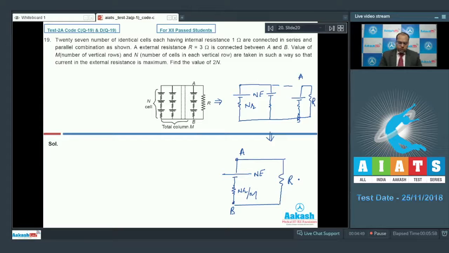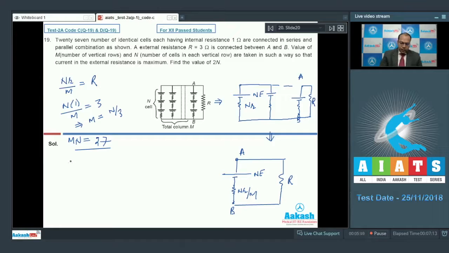So we know that M into N is equal to 27 because the total number of cells is 27, and from maximum power transfer theorem we know that for the maximum current in the load resistance, the value of internal resistance of the circuit, that is Nr by M, must be equal to the resistance of the load, that is equal to R. If I substitute the values and solve, the value of M comes out to be N by 3.